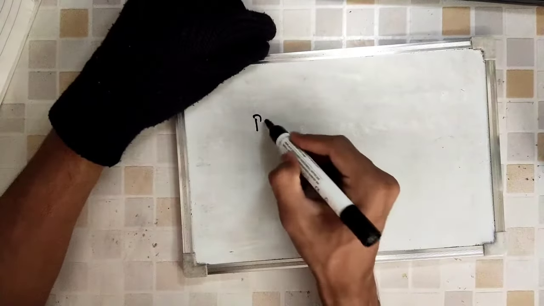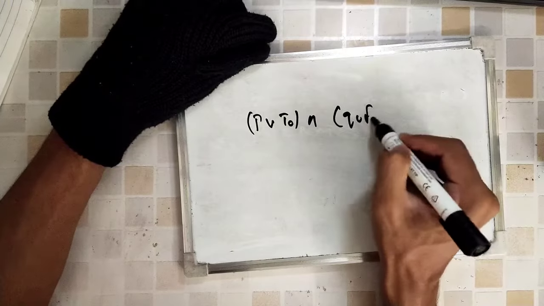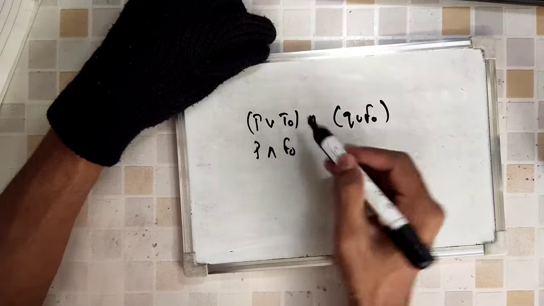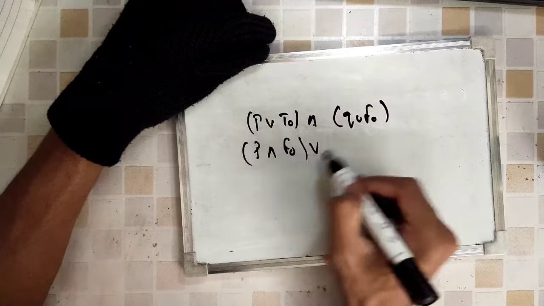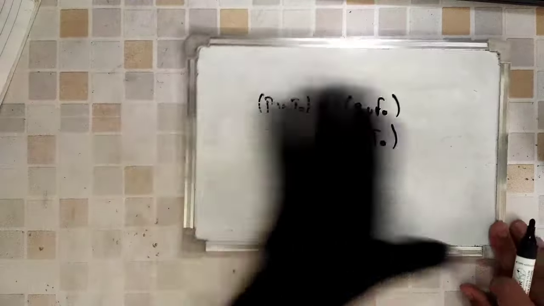It should be like this. Let me take another example where a tautology is there: P or T naught and Q or F naught. This can be written as P and F naught, or Q and T naught. Very simple.